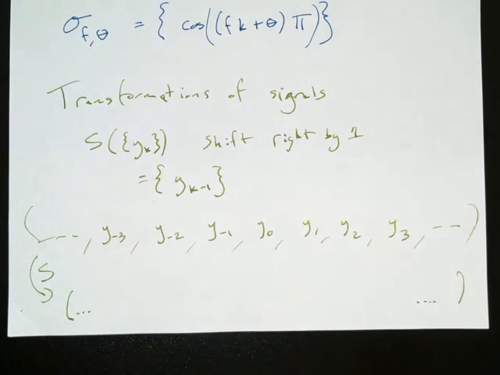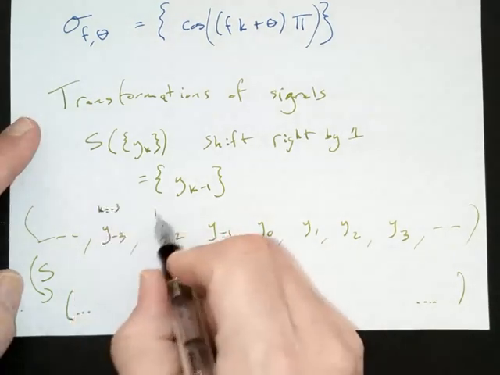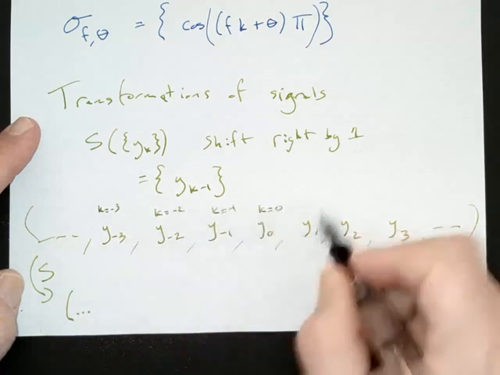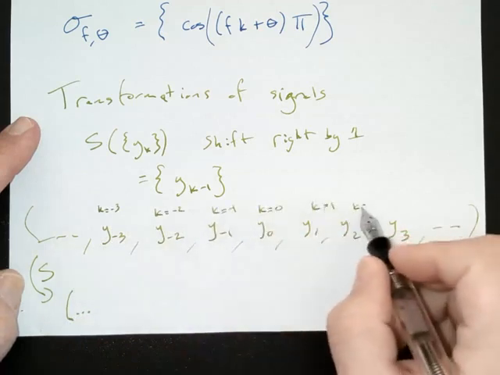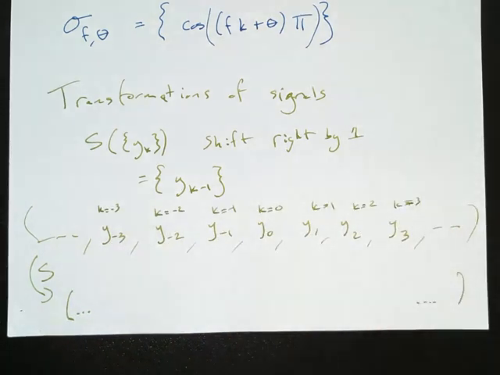And what it says there is that YK in the new signal be YK minus 1 in the previous signal. So remember, we have indices lined up. So this is K equals minus 3, K equals minus 2, K equals minus 1, K equals 0 and 1 and 2 and 3. Right?